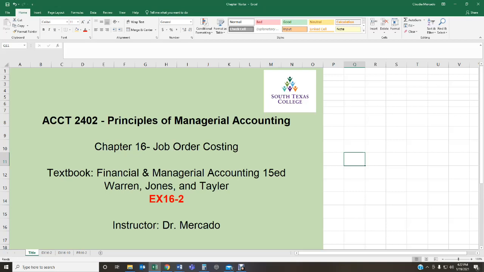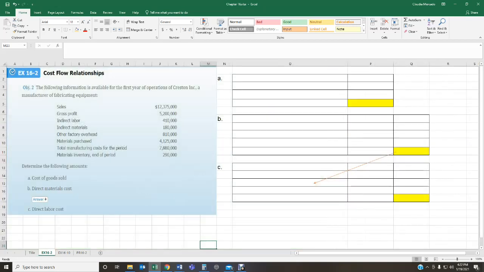So let's work on the first exercise, exercise 16-2, and it deals with cost flow relationships. It says the following information is available for the first year of operations of Creston, a manufacturer of fabricating equipment. We have sales of $12,375,000.